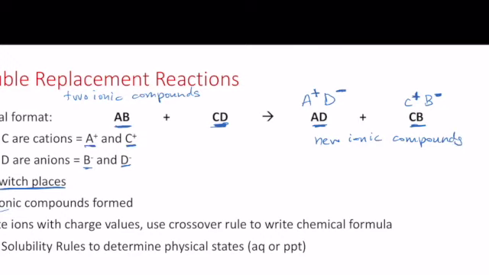And for these new ionic compounds that are formed, we use the solubility rules to figure out those physical states, whether they're dissolved, soluble, and aqueous, or a solid that's a precipitate. And these are what are called precipitation reactions, the color changes that are interesting to see for double replacement reactions.